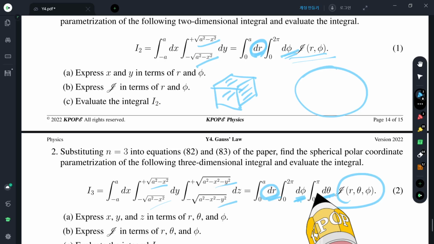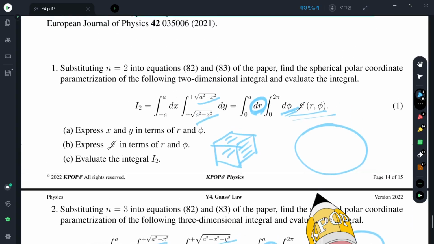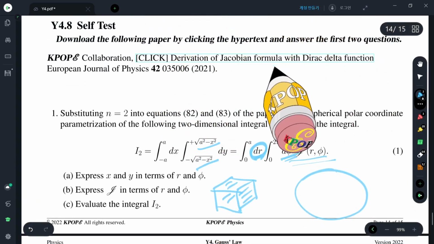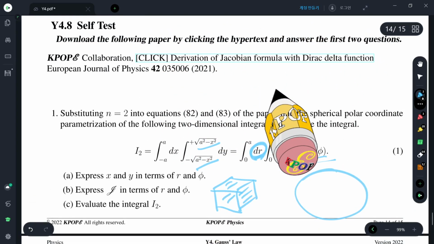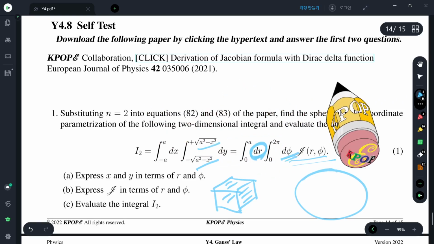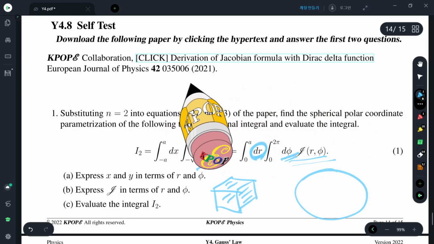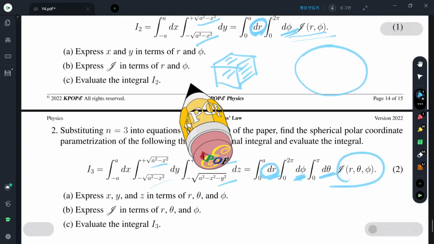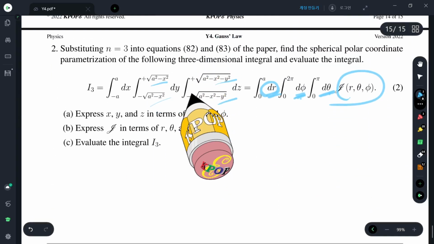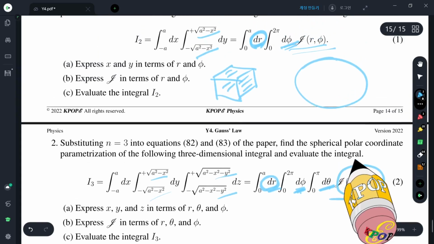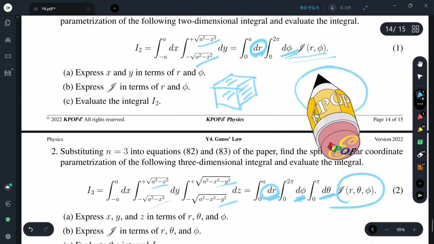They are called Jacobians. If you look for some useful formulas derived in this paper, perhaps it is a very nice chance to study what the delta function is. Okay, anyway, in X, we have already studied how to evaluate those Jacobians. That's it.